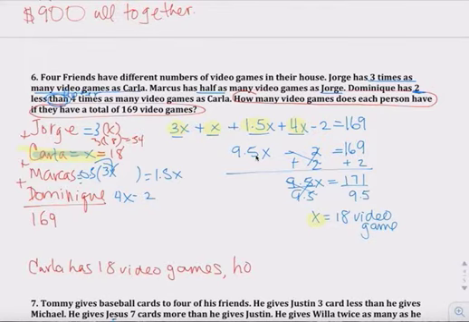Jorge has 54 video games. Let's see, Marcus is 1.5 times 18, which is 27 video games.